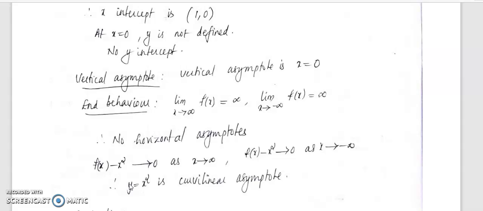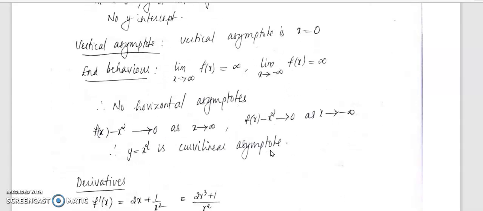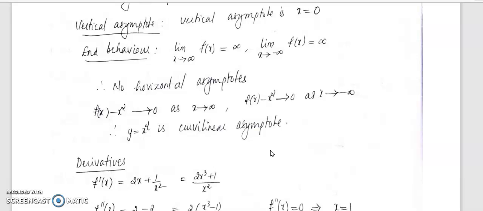So y equal to x square is a curvilinear asymptote. So besides the vertical asymptote, we get a curvilinear asymptote. There are no horizontal asymptotes and no oblique asymptotes, because the function does not approach any line. The function approaches the curve y equal to x square. So that gives us a curvilinear asymptote.